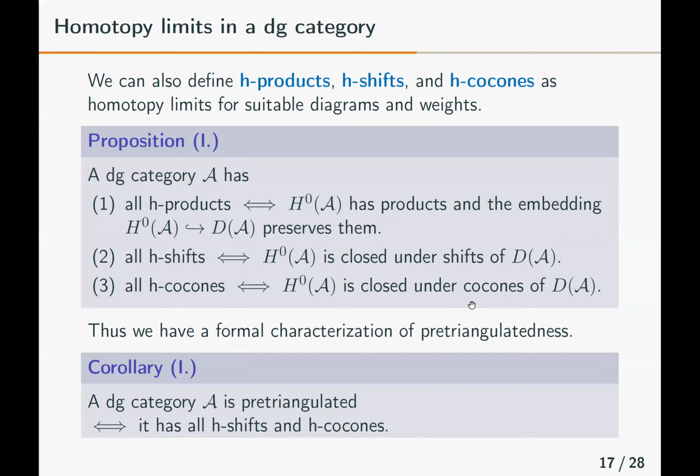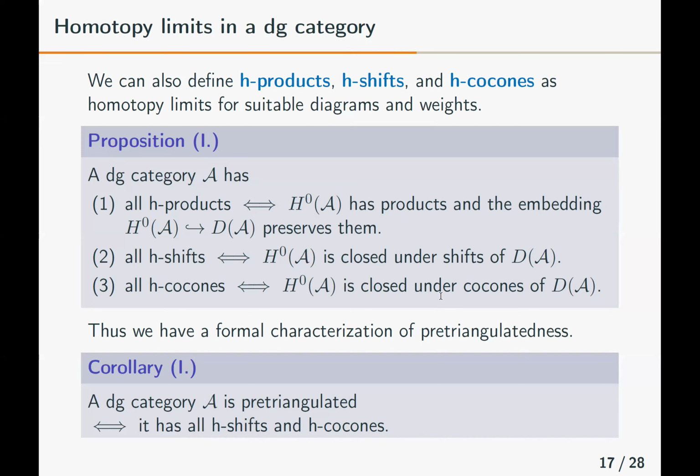Recall that the second and third conditions already appeared in the definition of a pre-triangulated DG category.